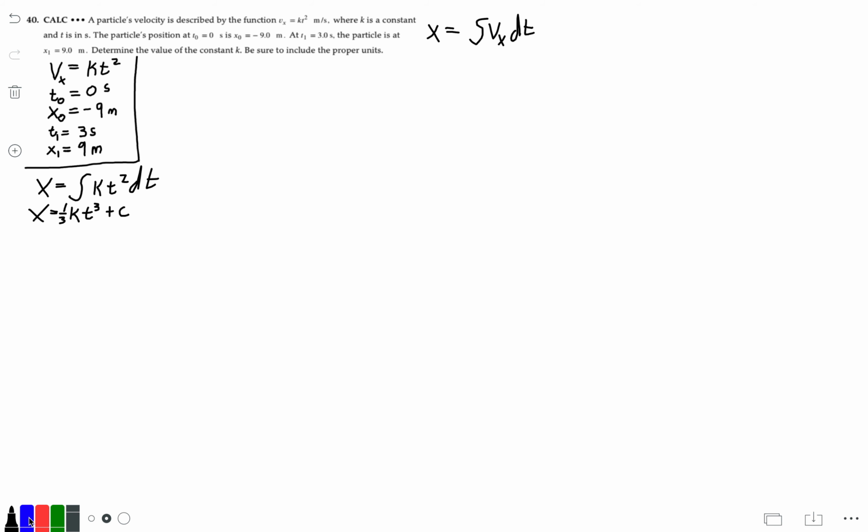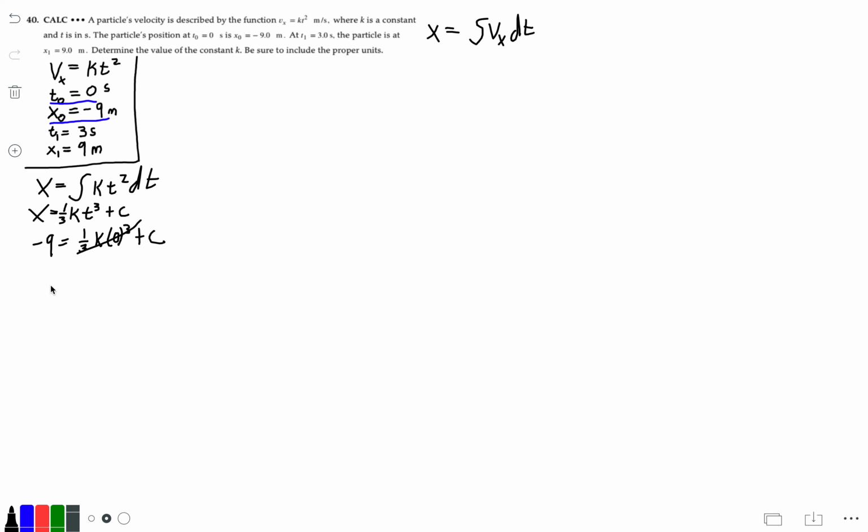From here, we're going to be plugging in our t sub 0 and x sub 0 values into the equation to solve for c. So here we have -9 meters equals 1 divided by 3 k times 0 cubed plus c.